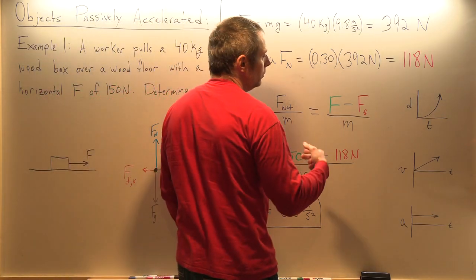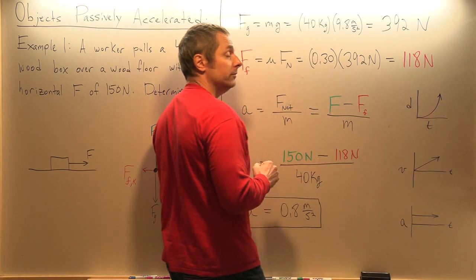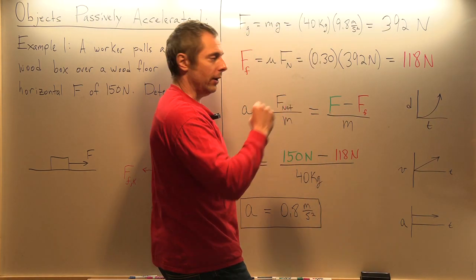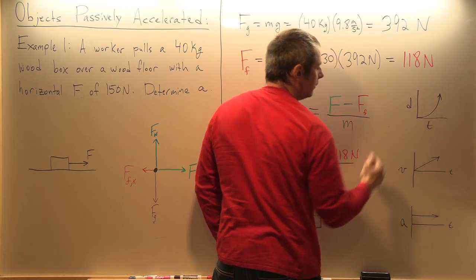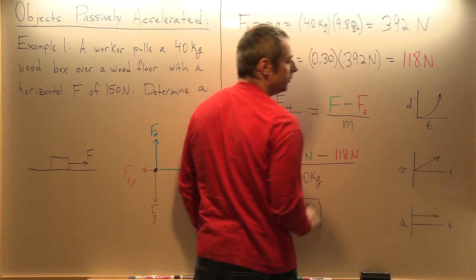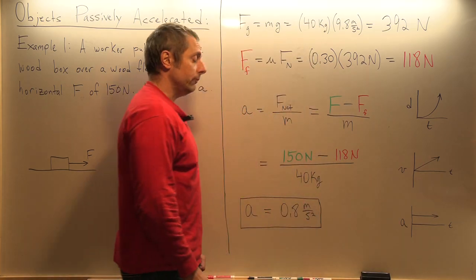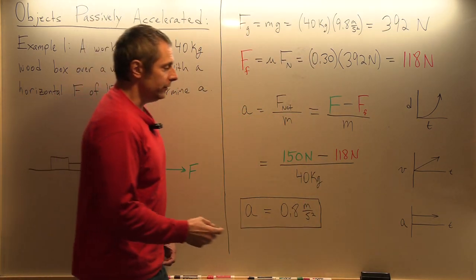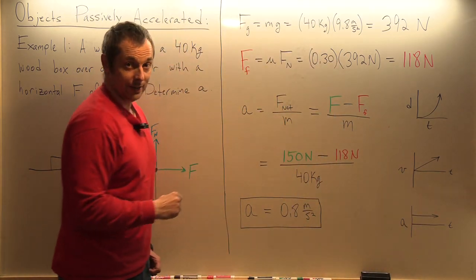I want to remind you, when something accelerates, the displacement graph is a parabola. d equals 1/2 at squared, right? So that's a curve. It's showing increasing velocity as the slope increases. The velocity graph goes up because you're going faster and faster as it's accelerating. And the acceleration is straight across, a constant value of 0.8 the entire time. So it's 0.8, 0.8, 0.8 as long as these forces are maintained.